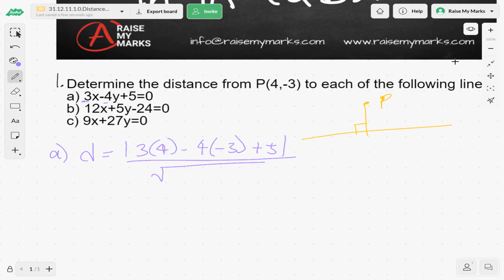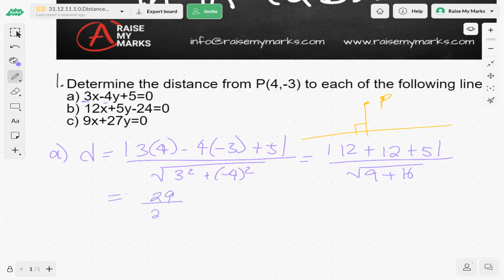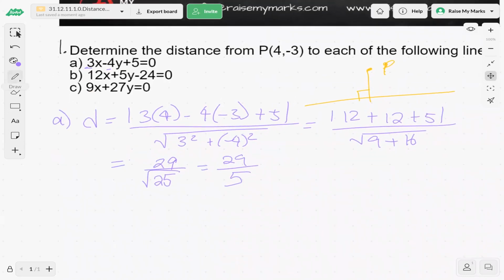So in this case, 3 squared plus (-4) squared. Let's evaluate this. We have 12 plus 12 plus 5, over the square root of 9 plus 16. This equals 29 over the square root of 25, or 29 over 5. Good.